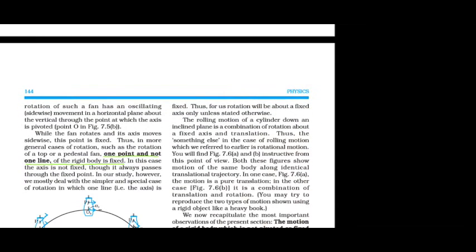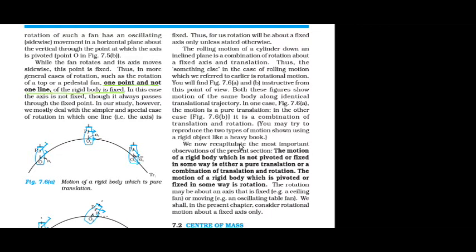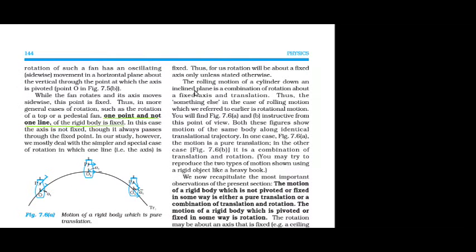Now let us move forward. In this case, the axis is not fixed, though it always passes through the fixed point. In our study, however, we mostly deal with simpler and special cases of rotation in which one line, that is the axis, is fixed.